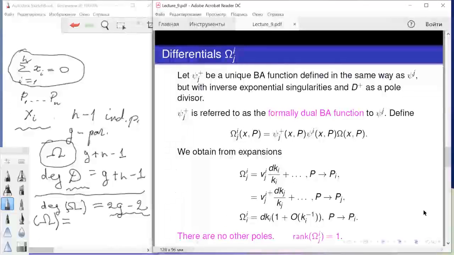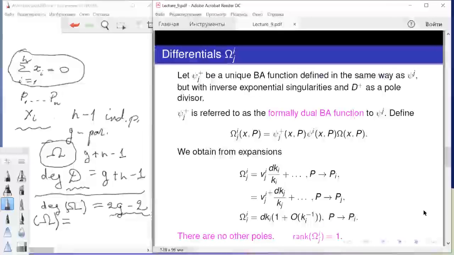Now we will step by step move to the theta function formula for V. First we define a set of formally dual Baker-Akhiezer functions to the set psi_j. What does formally dual mean?